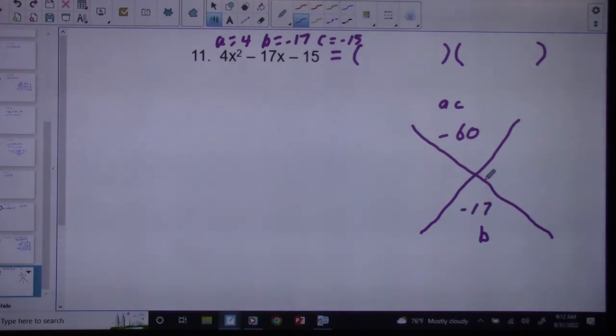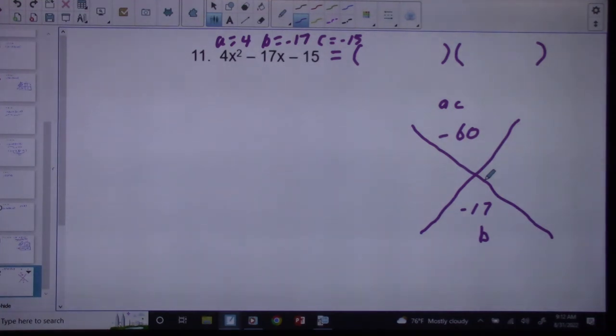And so what you're looking for is 2 numbers which, when multiplied together, are negative 60, but added together are negative 17. What are those 2 numbers? And so what you do is you think of factors of 60, basically. What are your factors of 60? Well, 2 times 30, 3 times 20, 6 times 10, right?